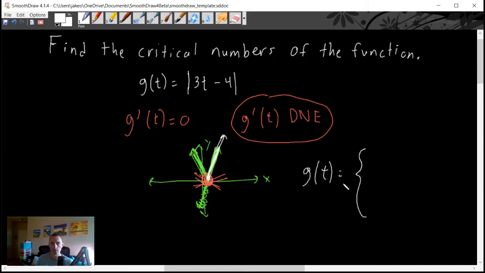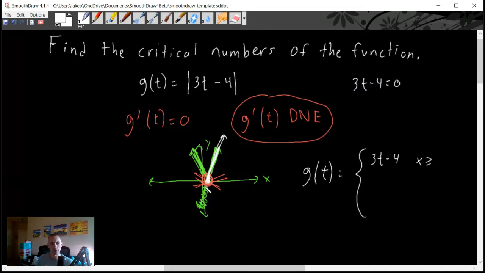It's just going to be 3t minus 4, right? That function is just going to be 3t minus 4 whenever we have x values that are greater than or equal to this point right here where it intersects the x-axis. So basically, we would want to figure out where 3t minus 4 equals 0, and everything to the right of that is going to just be 3t minus 4.